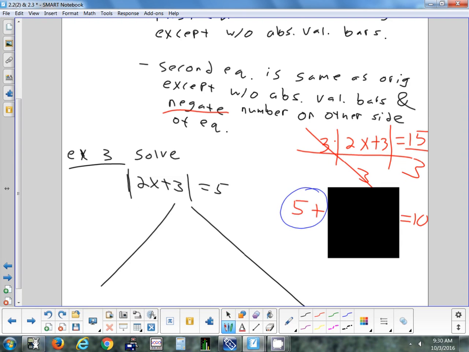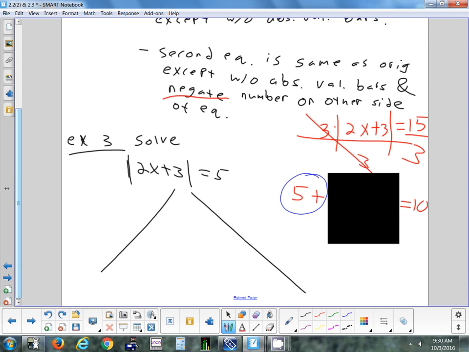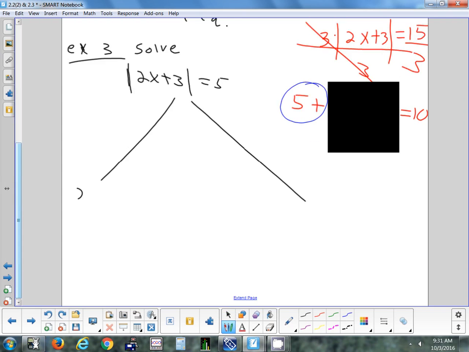All right, so this one is ready to split because the absolute value is by itself. Can anybody tell me my first equation that I'm going to try to solve? Ian? 2x plus 3 equals 5. And what about my second answer? Or, well, not answer yet, second equation.